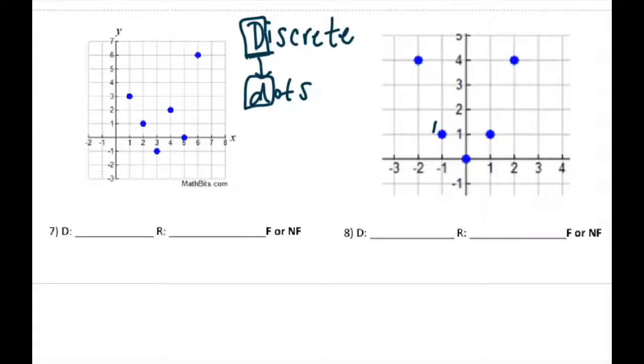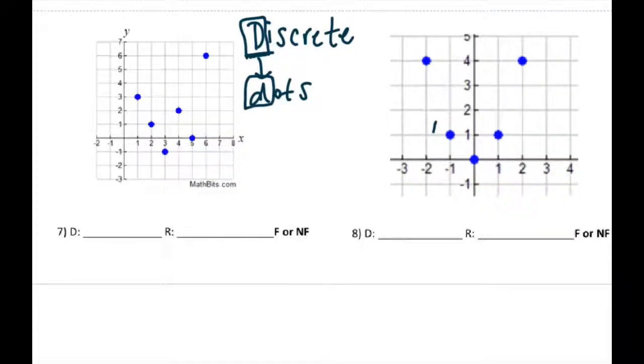The way that we find the domain and range from a discrete graph is very, very easy. The easiest way is we're just going to make a table of these ordered pairs. Then we're going to find the domain and range just like we did for the tables above. So if I look at my first ordered pair, it's right here. That ordered pair has an x value of 1 and a y value of 3.